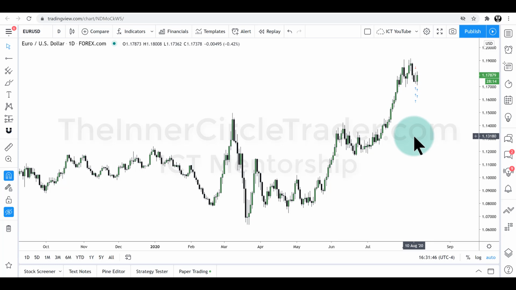But euro feels to me like this consolidation isn't done, and we might want to pop up one more time. I like 120, but will it get to 120? I don't know.